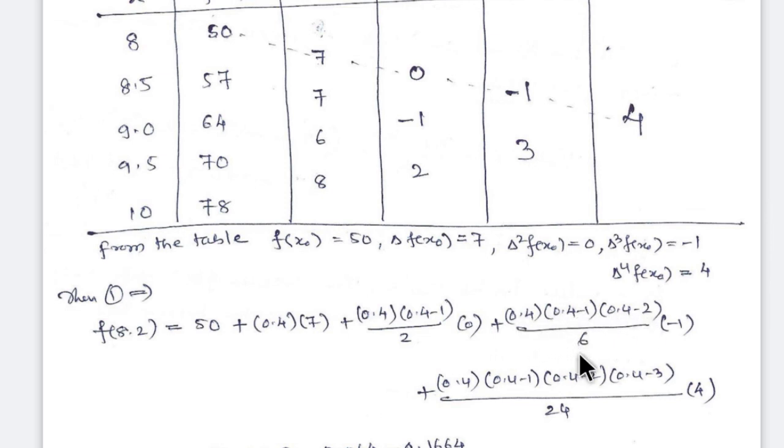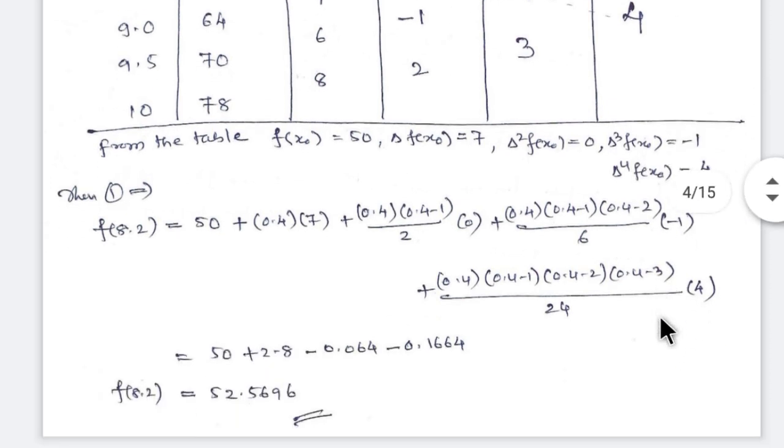Substitute r values, divided by factorial 3, that is 6, into delta cube of f of x naught, that is minus 1. So the last one, r into r minus 1, r minus 2, r minus 3 divided by factorial 4, that is 24, into delta fourth of f of x naught, which is 4.